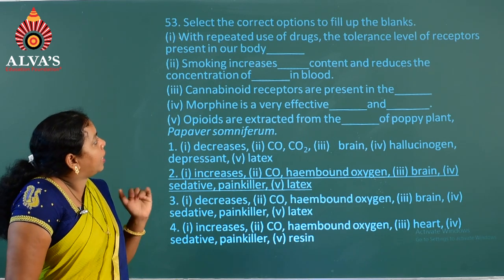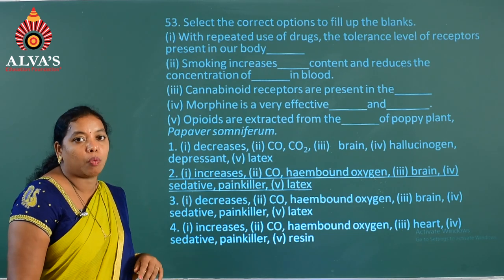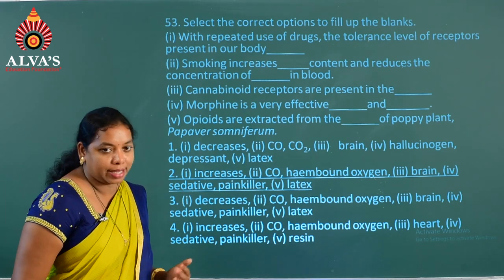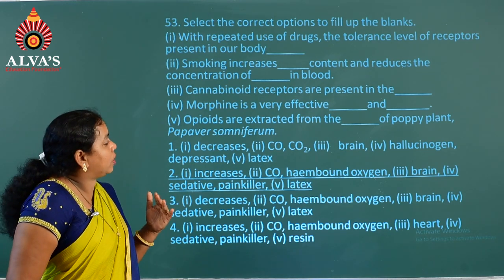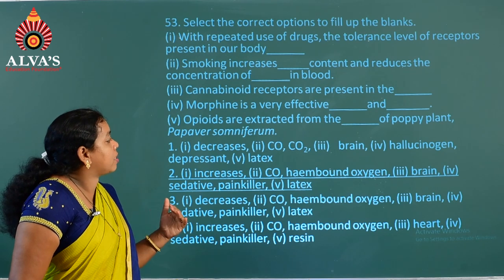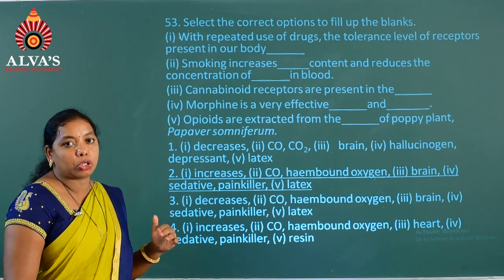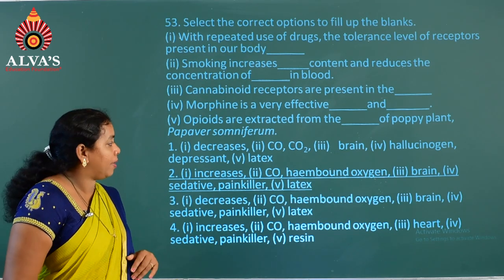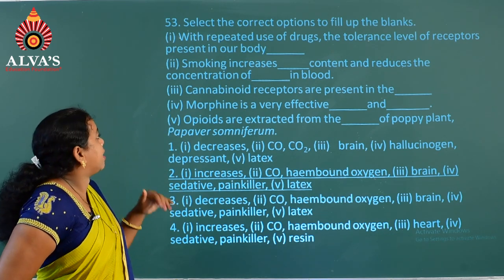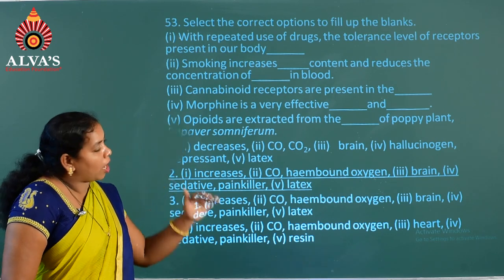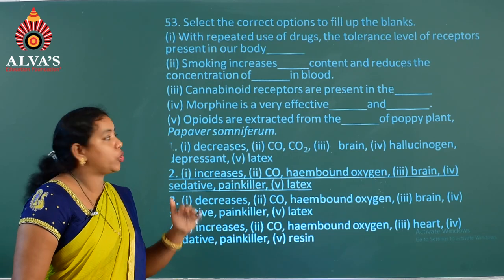First one, with repeated use of drugs, the tolerance level of the receptor present in our body goes on increasing. Next, smoking increases the carbon monoxide content and reduces the concentration of heme-bound oxygen in the blood.